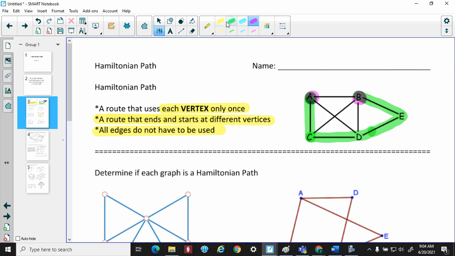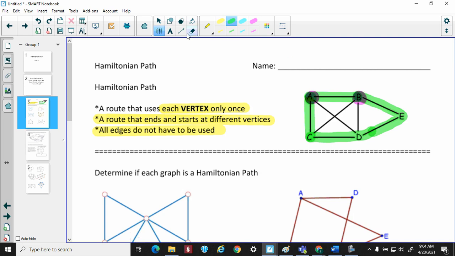So when you start and stop somewhere, make sure you don't end at a vertex where you can just easily close up and create the circuit. When you create your path, make sure wherever you start and stop, you can't easily connect, like this one right here. You can easily connect because the ending vertex and the starting vertex are adjacent, so you can just close it in.